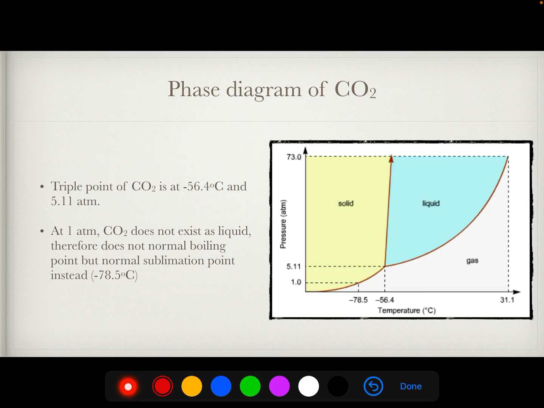Now I'm going to show you the phase diagrams of two substances. Number one is the phase diagram of carbon dioxide.